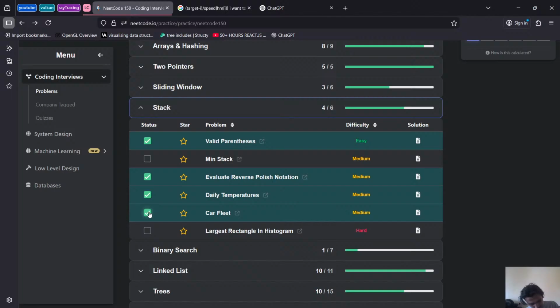Time, that's it. So the answer is target minus the car's position divided by speed.